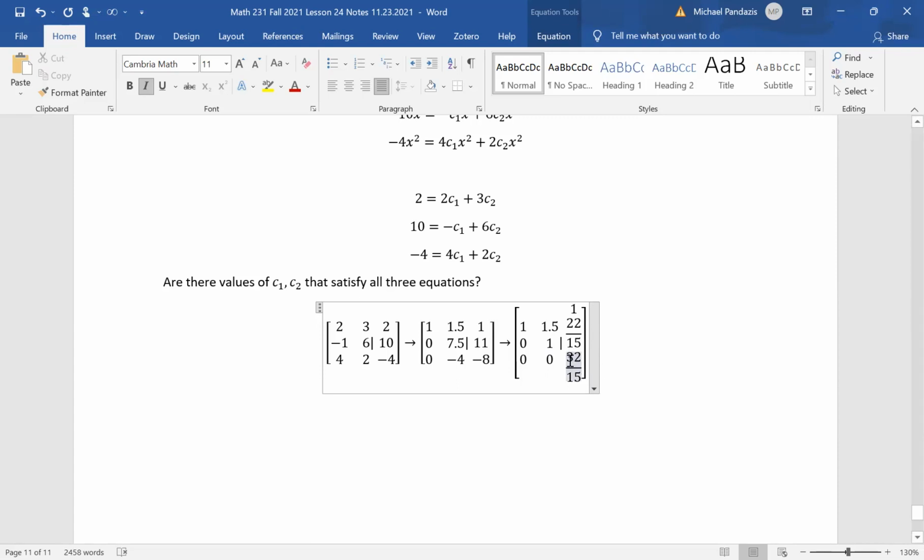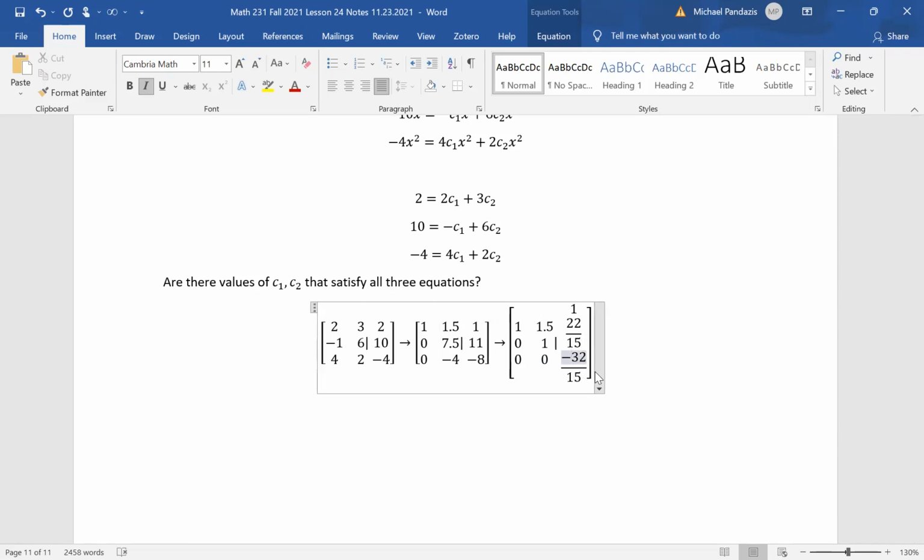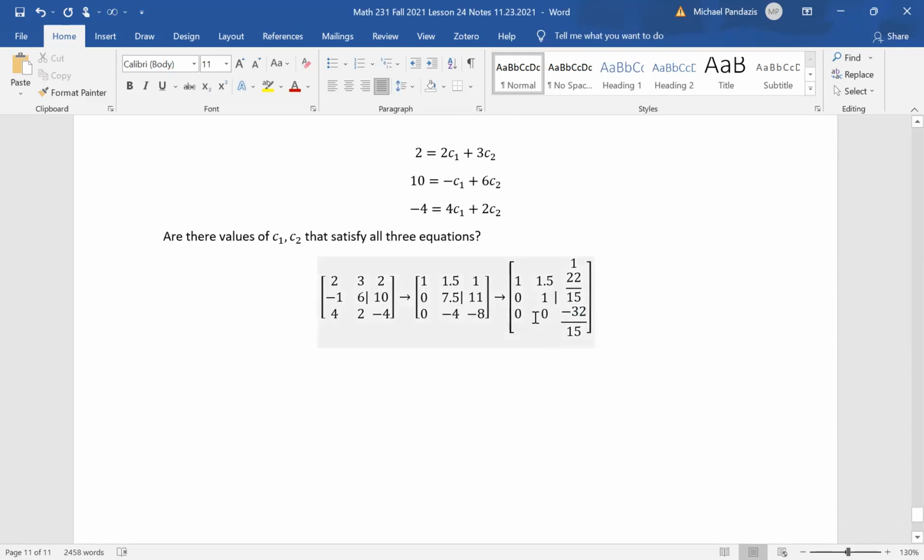Wait, no. 88 over 15 minus 32. Okay, so then negative 32 over 15. And now you get this. The problem here is that you have zeros here and you have a negative number here.